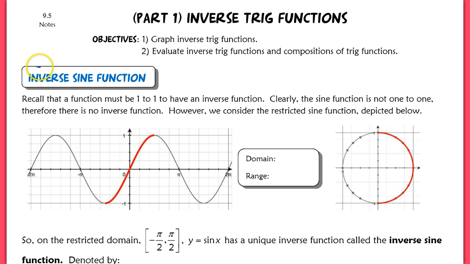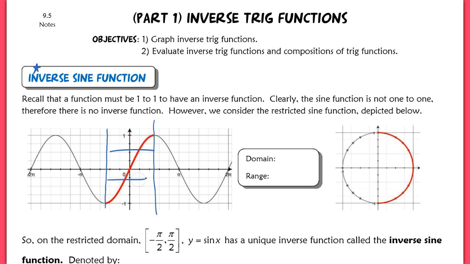However, we're calling this the inverse sine section, so we must have an inverse sine function here. So what happens is we actually restrict our sine function to just the interval between negative pi over 2 to pi over 2. So we basically pretend like the rest of the graph isn't there, and now if we just look at what's between those values, it is a one-to-one function.